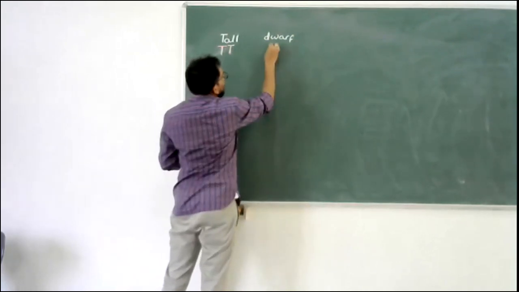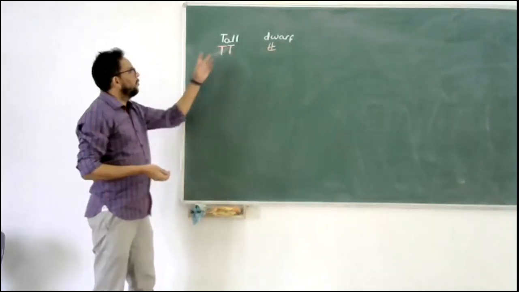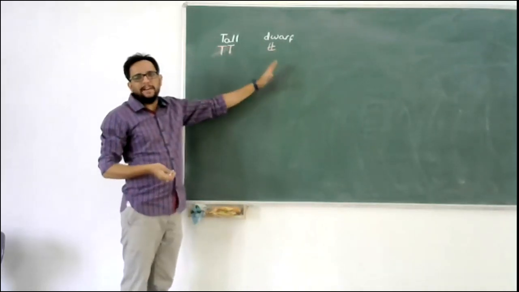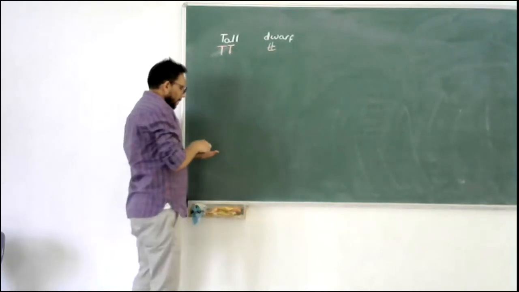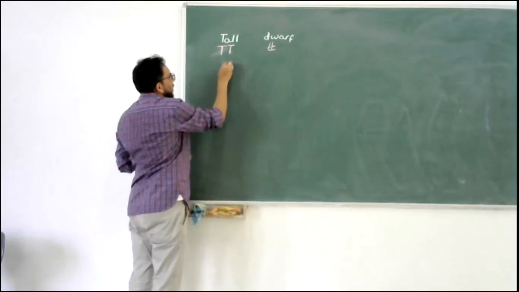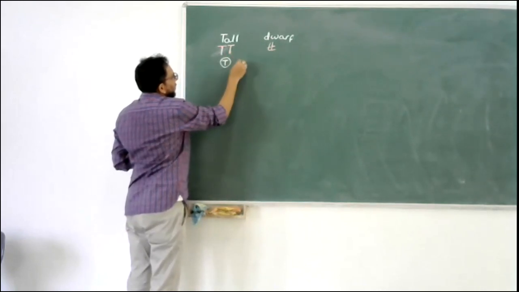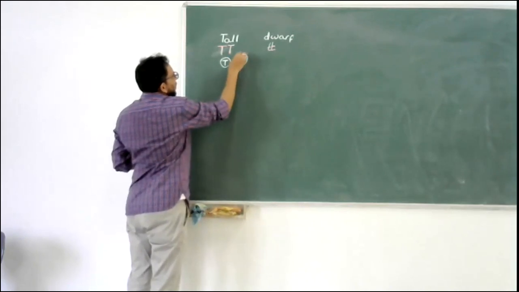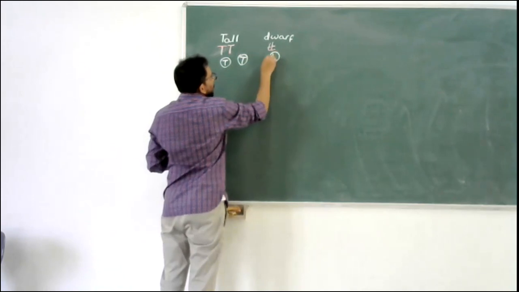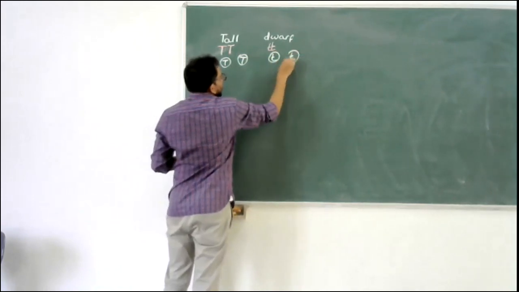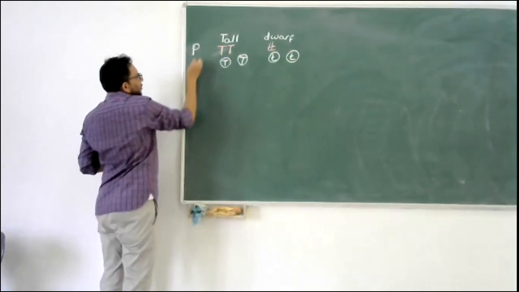That is your small t small t, right? Both of them are homozygous, like I said, because both the alleles are the same. Now, when this forms gametes, it can form capital T as one gamete, and the other gamete will be another capital T. When this forms gametes, it will form small t or the other small t, which is nothing but the same. So this is the parent generation.